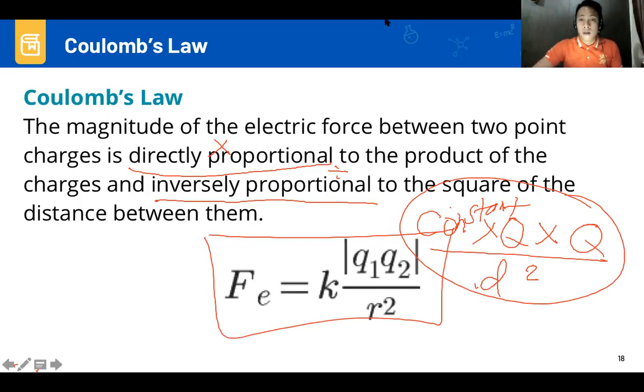I will stop sharing this one, then I will share the whiteboard. Okay, here. Hintay natin yung white. Ayan.